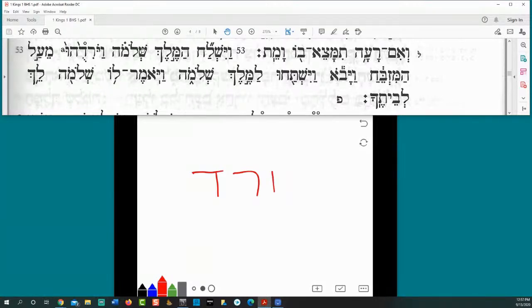So the form that we get, yorid, would be the Hiphil form. So here we have vayorid. It gets more complicated because what's happening is that's not being written.